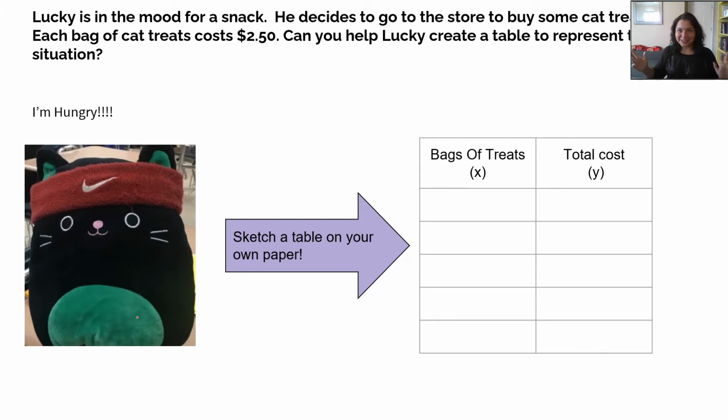Again, this is where my technology started messing up, and I'm so sorry about that. So you guys wanted to start big, like buy all the treats. Why not? But then you scaled it down just for me. Thanks. I appreciate it.